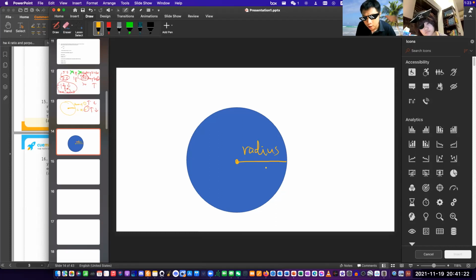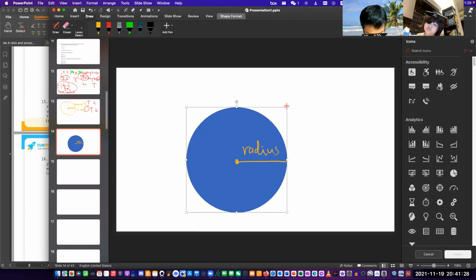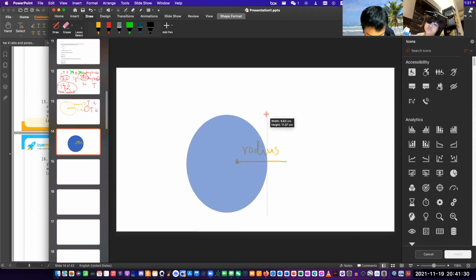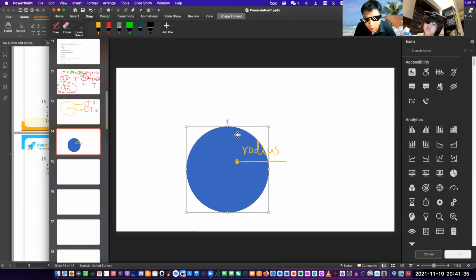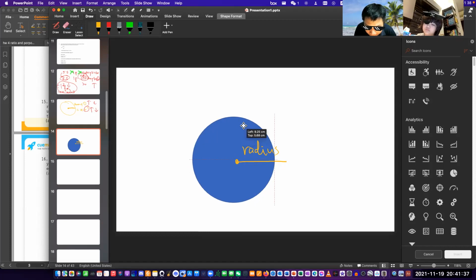So if I make the area smaller, can you see the area smaller? And can you see that the radius actually shrinks? Yep, the radius actually shortened by this much.